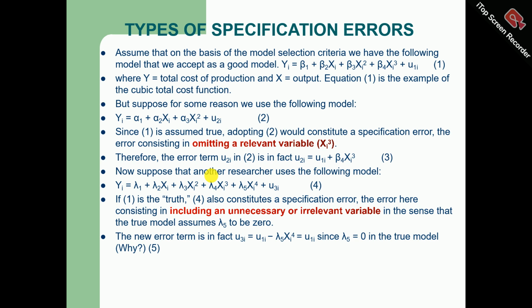The new error term is in fact u3i, equal to u1i minus lambda 5 xi to the power 4, which is equal to u1i, since lambda 5 is equal to 0 in the true model.